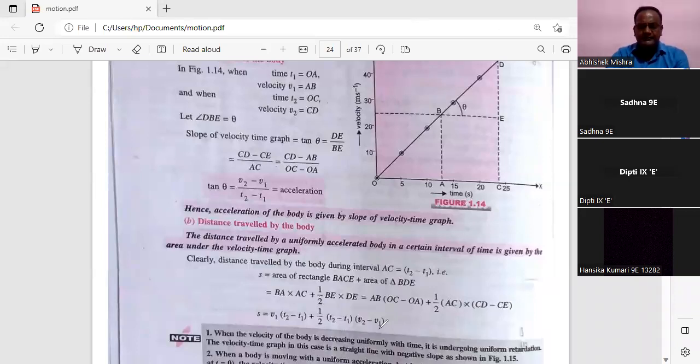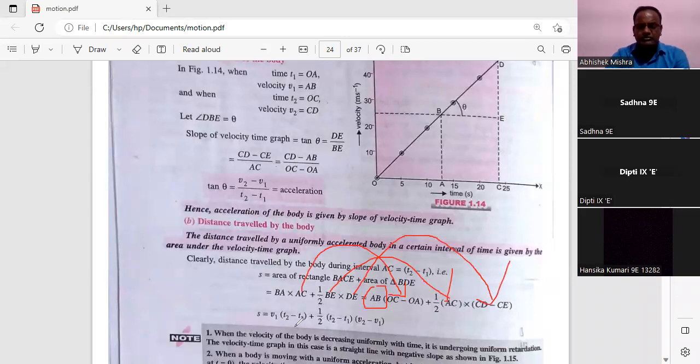I repeat once again. I mean to say here we are keeping AB as it is. We are replacing AC by OC minus OA. BE we are replacing by AC, and DE we can say as CD minus CE. Now let us put the values.